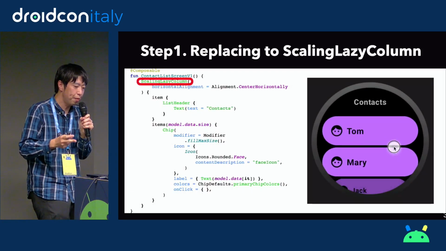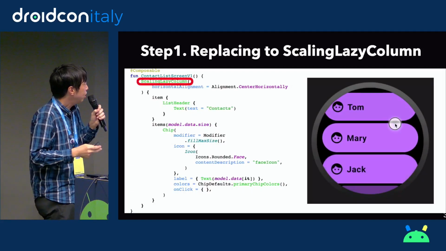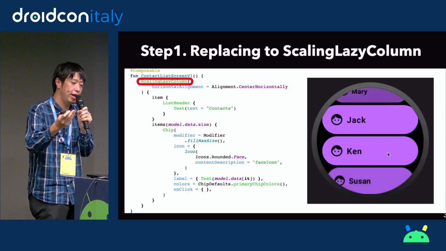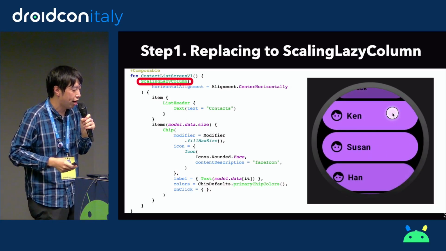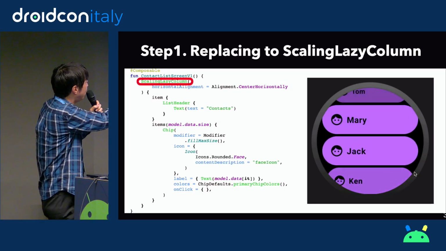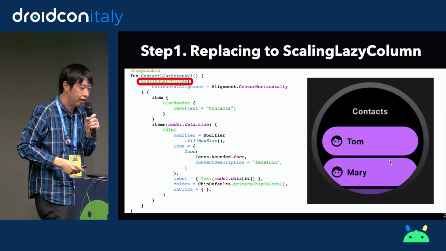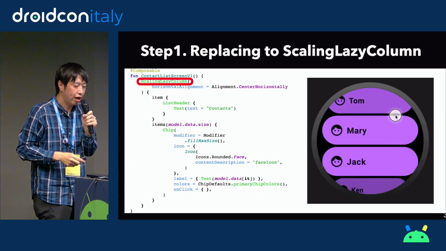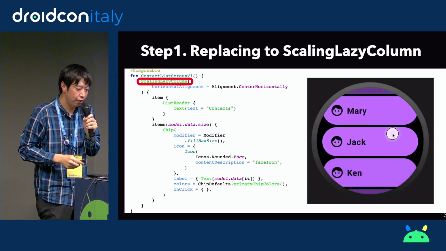Okay, the first improvement is here. Instead of using a LazyColumn, let's replace it with a ScalingLazyColumn. By doing that, appropriate margin will be added between each chip. I think it looks better than before.